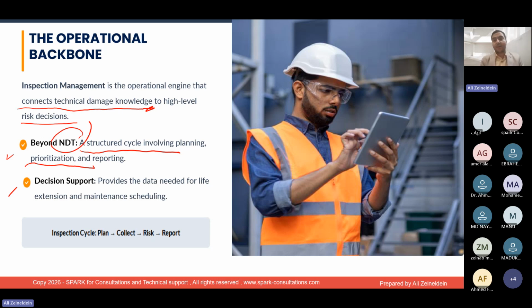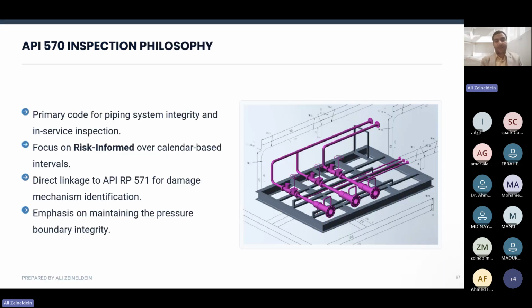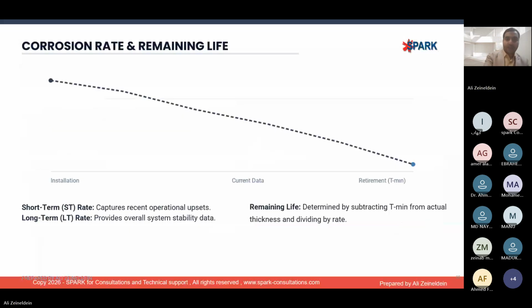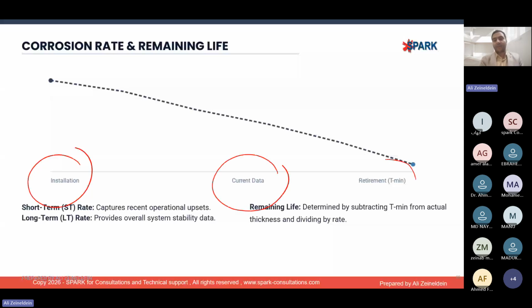Here, some of the RBI inspection focuses on piping systems and pressure vessels, from installation and current data until retirement, with minimum required thickness.